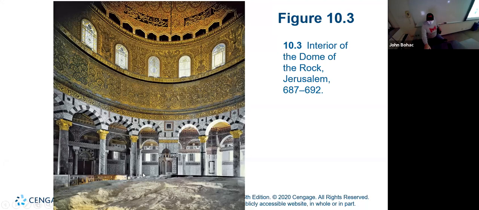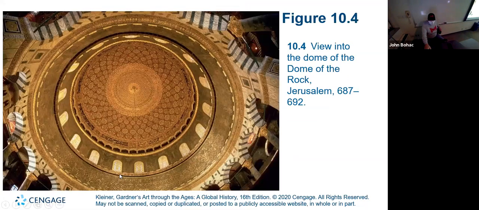It's a characteristic of Islamic art and architecture. And here is the interior of the dome, and you can see those scripture quotes from the Quran around the perimeter, but this is not Jesus looking down or God the Father or anything. It's its own thing. It is exquisite, mathematically precise design.